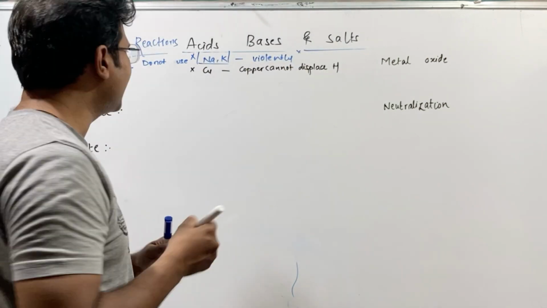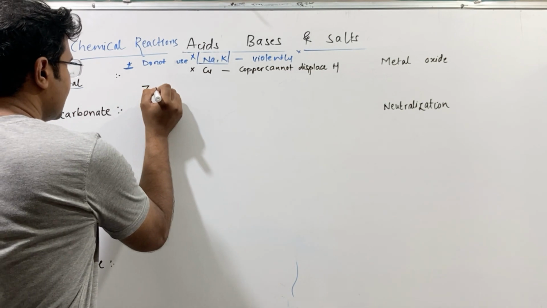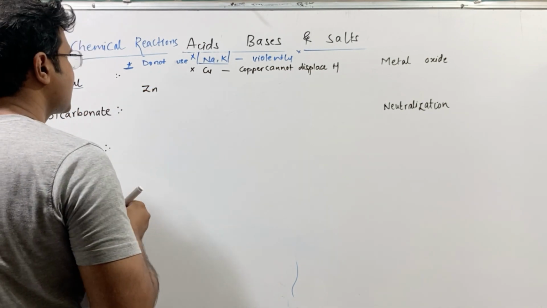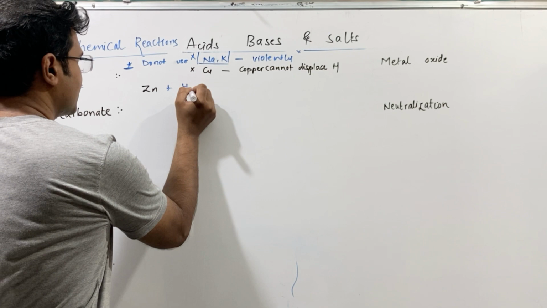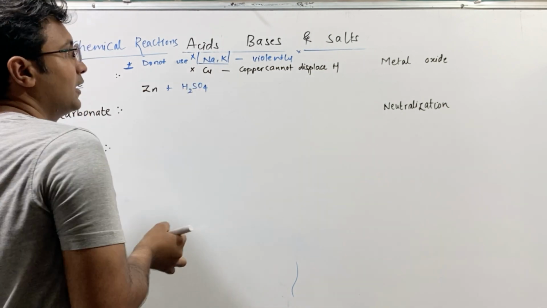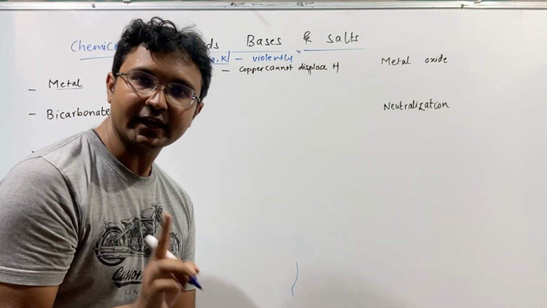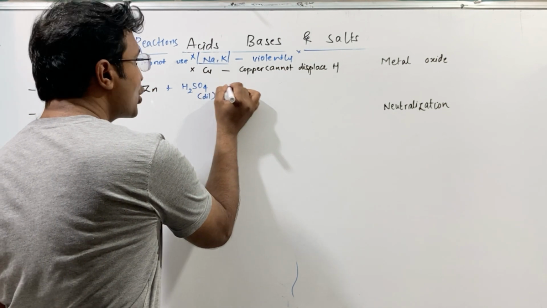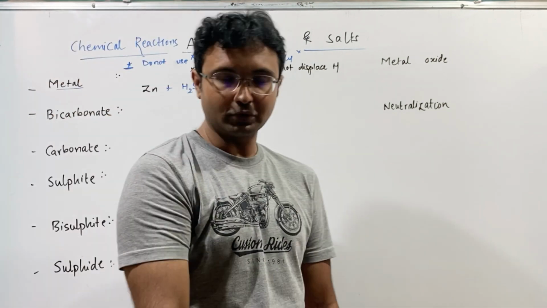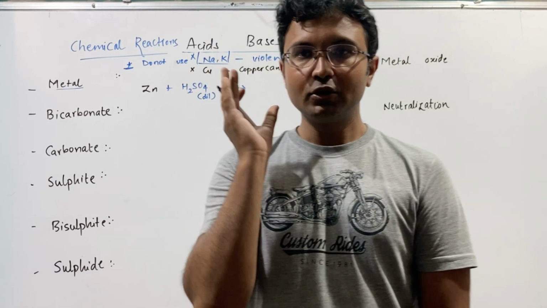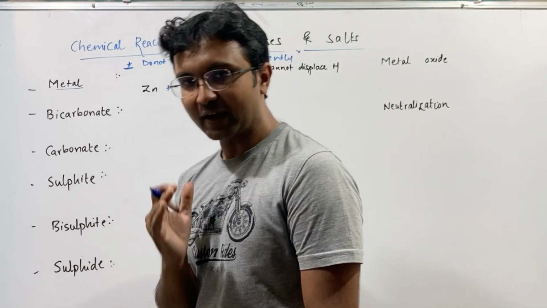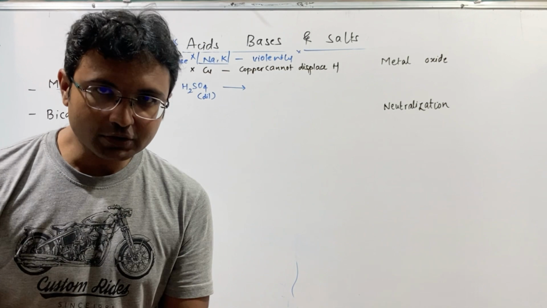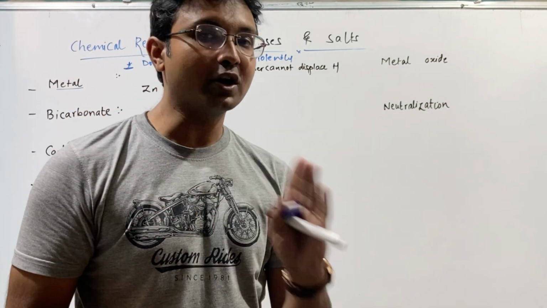Now when I react a metal like zinc, Zn plus say any acid, I am taking H2SO4. But here another important thing is that when you are using H2SO4, use it as dilute H2SO4. Don't use concentrated H2SO4. Whenever you are performing the chemical reactions of acid, when you are using H2SO4, it must be dilute, it must not be concentrated.